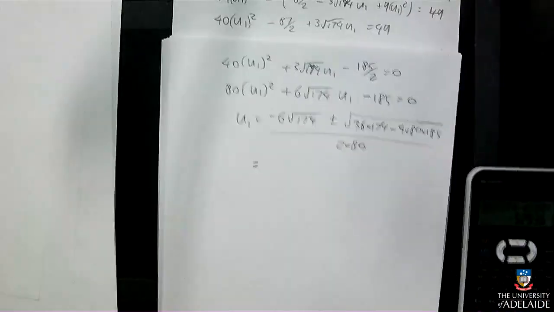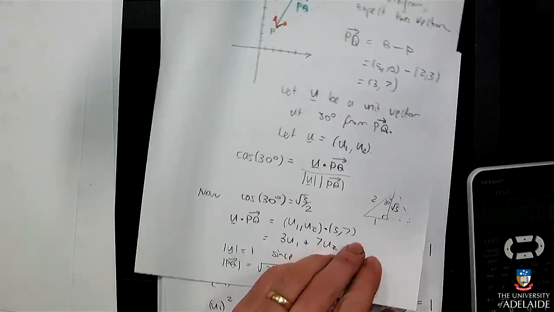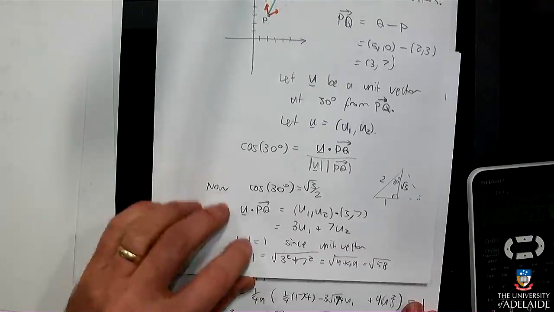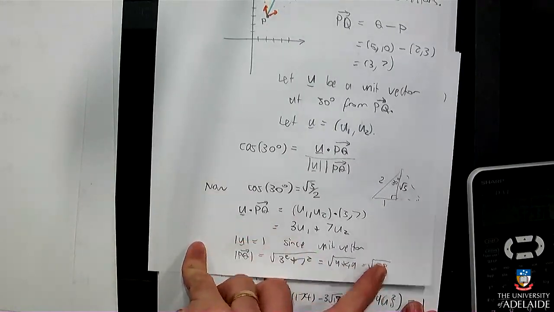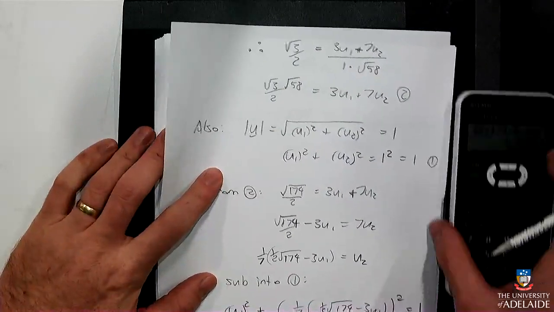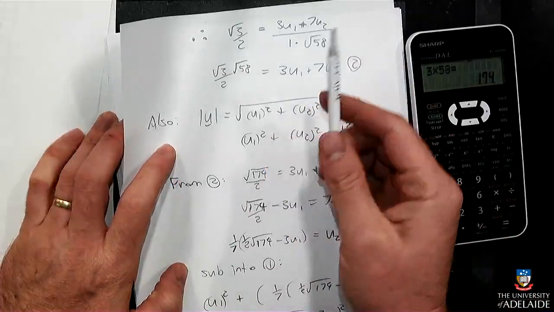Because there really should be 2 answers, shouldn't there? Definitely root 58. 174.